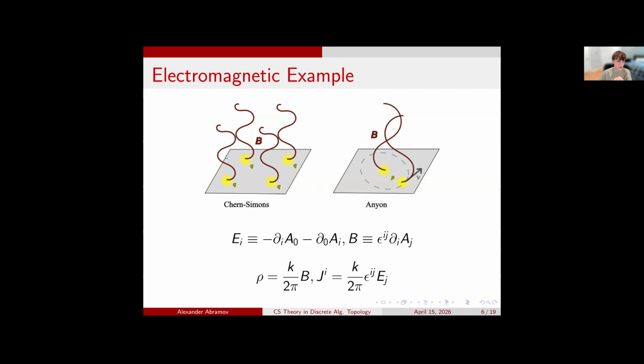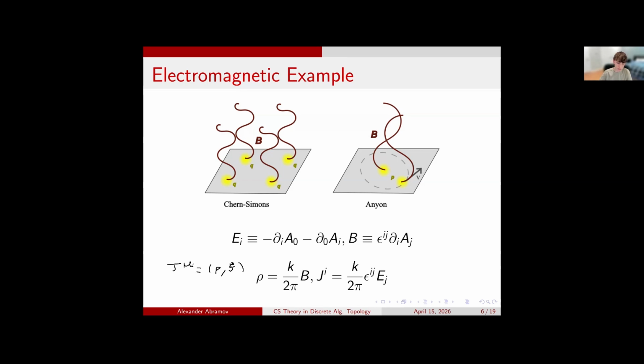I'm also introducing a matter current. So there's going to be an associated matter current, J mu, and then there's going to be the charge density, and the vector that represents the matter current.